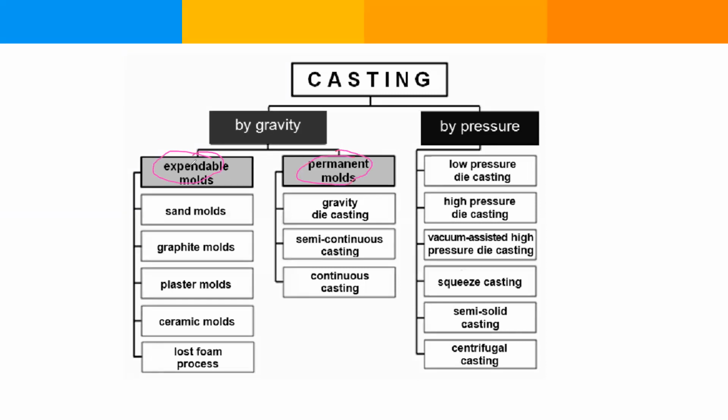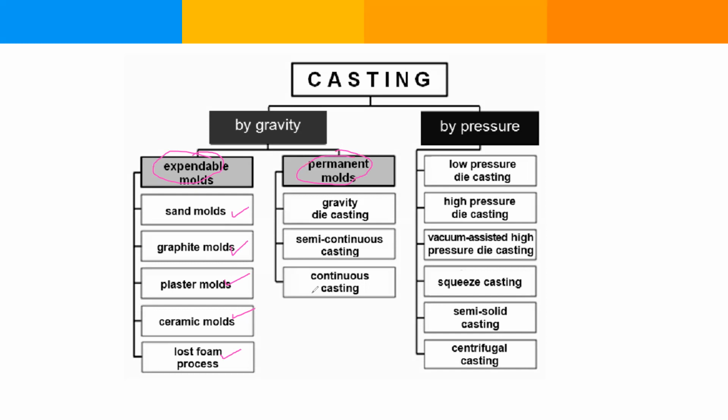Expendable mold means the mold will be used only once. Once the casting is done, the mold is destroyed. Under this category, we have sand molds, graphite molds, plaster molds, ceramic molds, and lost foam process. In all five processes, the mold is used only once.